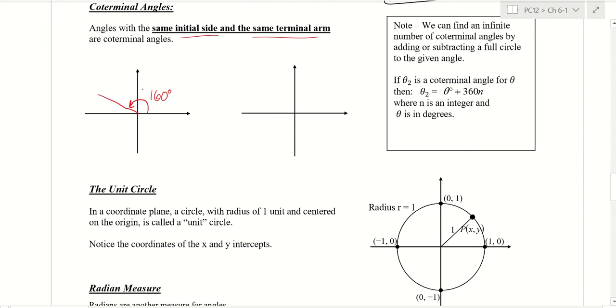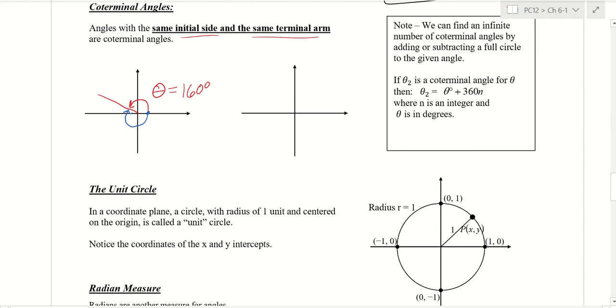So here we have theta equals 160 degrees. We can have an angle that is coterminal to this angle if it starts on the same initial side, as all angles in standard position should, and then hits that same terminal arm.